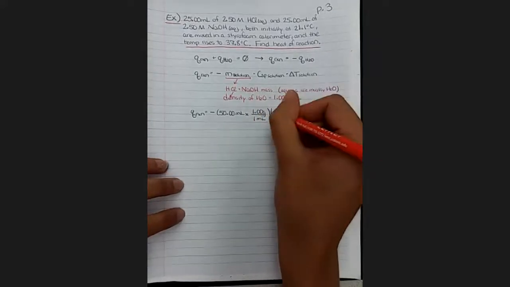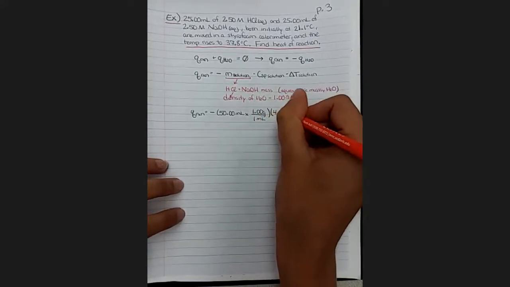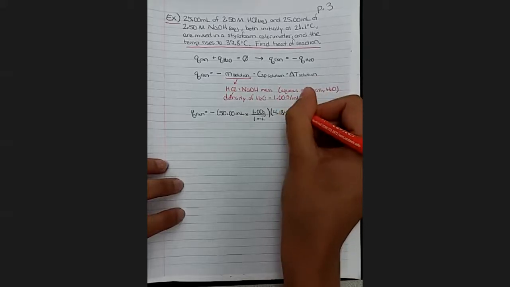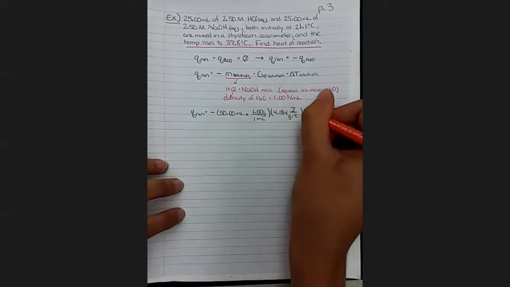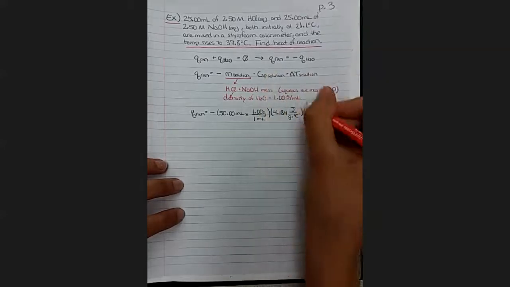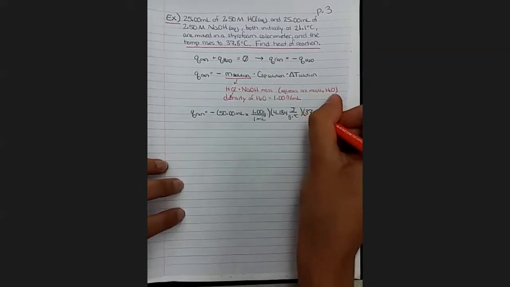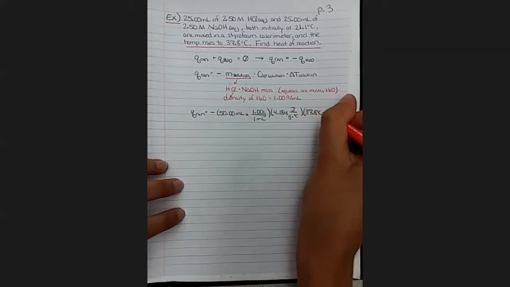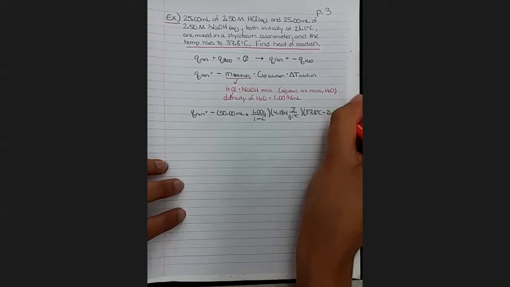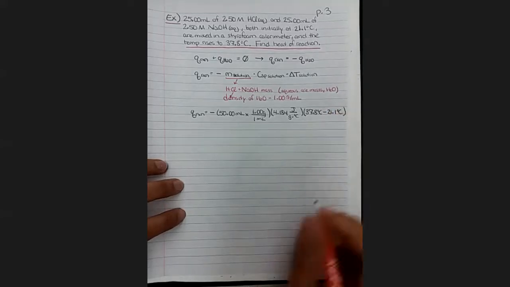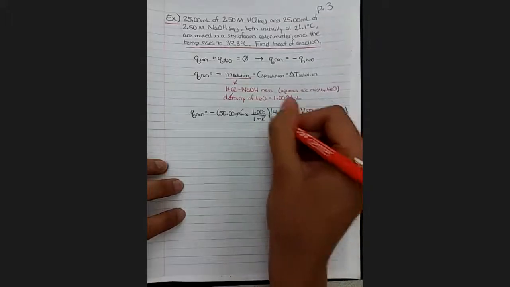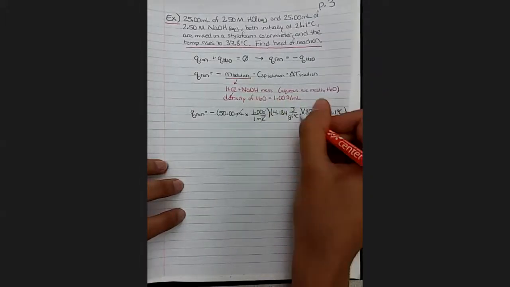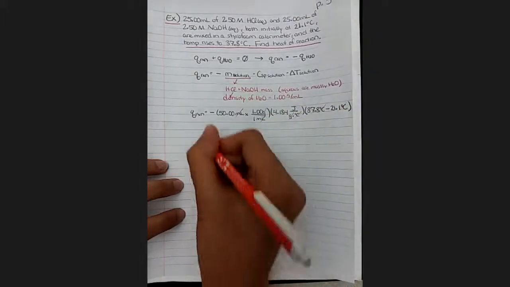We'll use our new favorite number, the specific heat of liquid water, 4.184. And the final temperature was 37.8. The initial temperature was 21.1. All right, milliliters cancel, grams cancel, Celsius cancels. We should end up with joules.